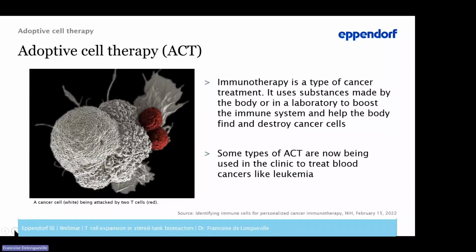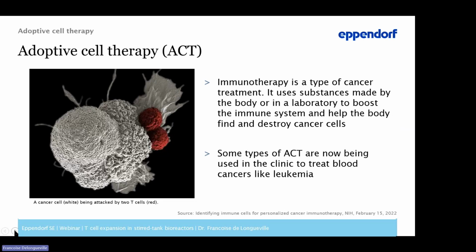A new type of cancer immunotherapy, also called adoptive cell therapy, ACT, holds the promise of a truly personal treatment. ACT is a form of living treatment, as it uses the cells of our immune system to suppress cancer.